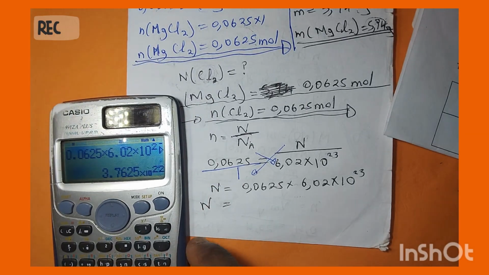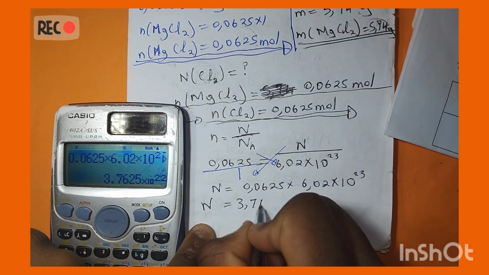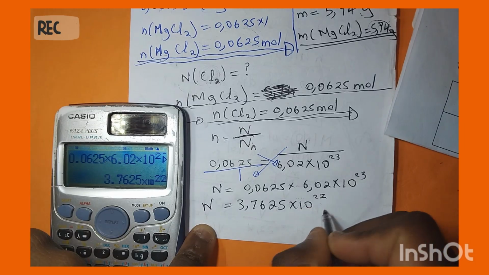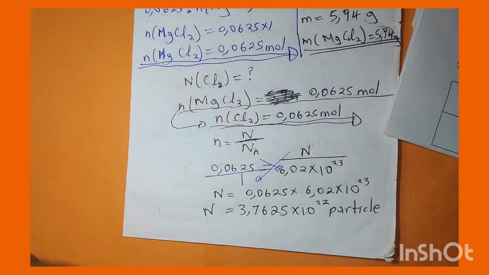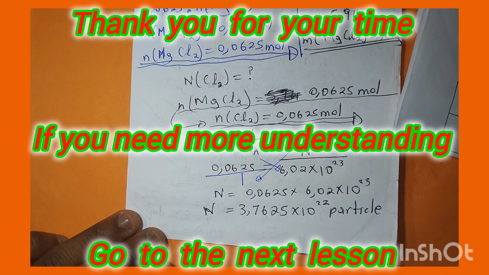Yeah. So this is what you get there, which is 3,7625 particles there. But now, guys, when you conclude them, you can just write this thing in a complete sentence.